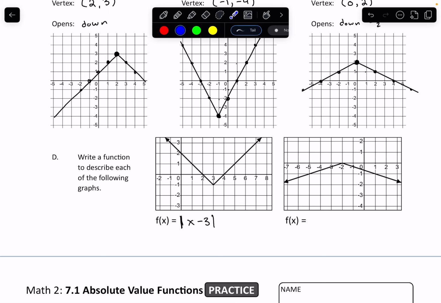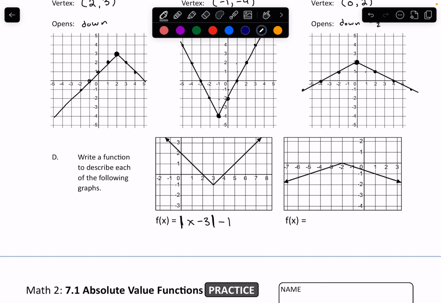Well, this function is shifted down to negative 1. So I would put a minus 1 on the outside of the absolute value graph. So my function is f of x equals absolute value of x minus 3, and then the minus 1 on the outside. Okay.